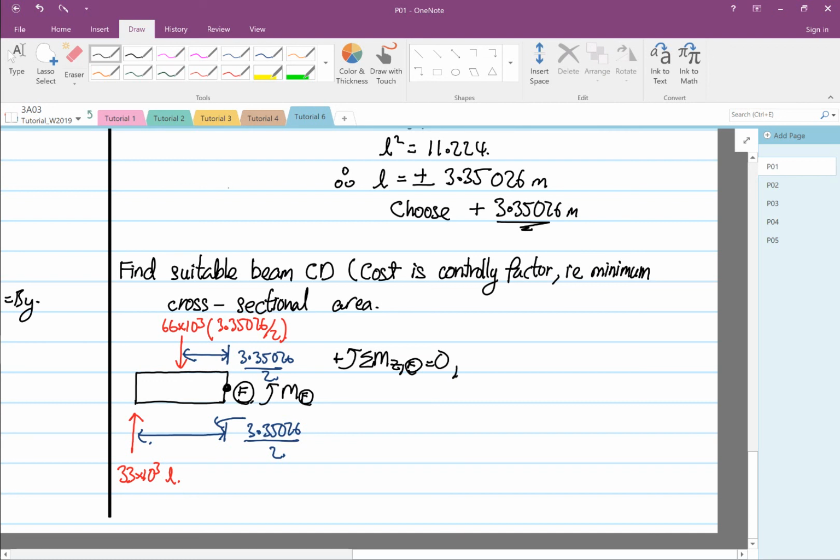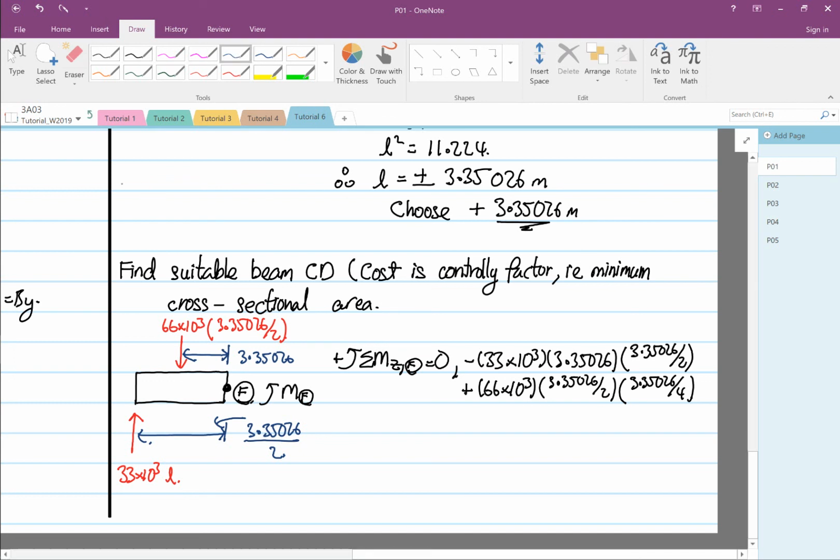So this will be equal to minus 33 times 10 to the power 3 multiplied by our distance L, 3.35026, multiplied by our perpendicular distance, 3.35026, the whole thing divided by 2. Then plus 66 times 10 to the power 3 multiplied by 3.35026 divided by 2 multiplied by 3.35026 divided by 4. Sorry, this one is 4, I do apologize, I got it wrong.